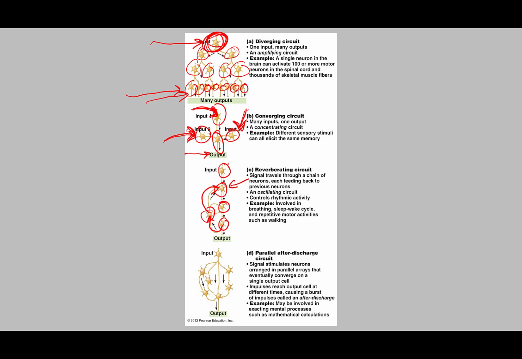The result is the first neuron sent a single action potential, but then it just keeps going. It keeps going, even though that first neuron is not sending an action potential anymore. He started it, but it's kind of self-propagating at that point.